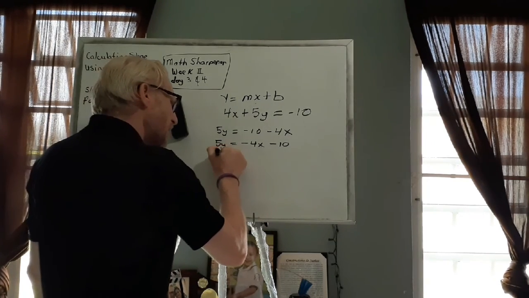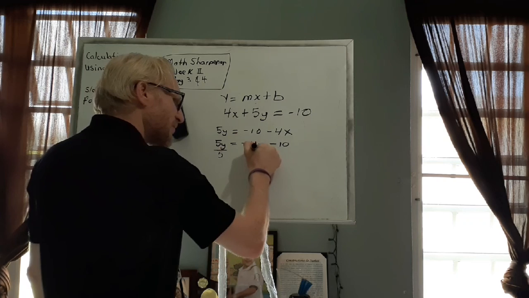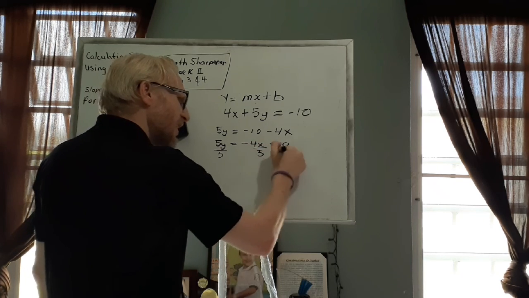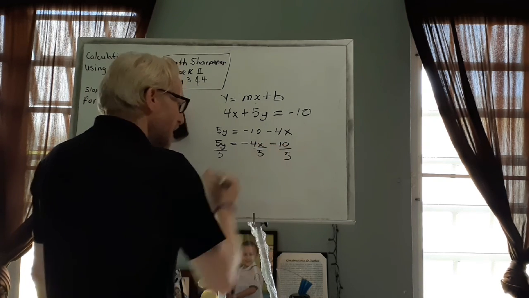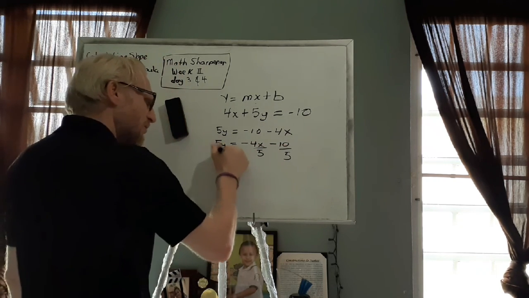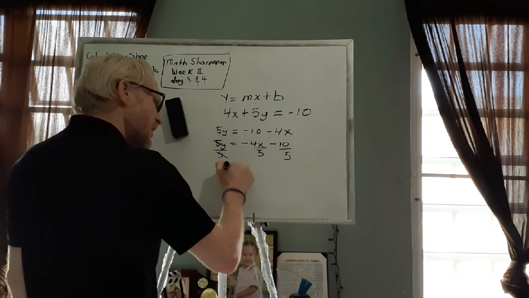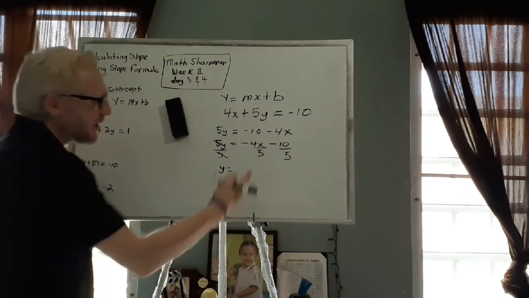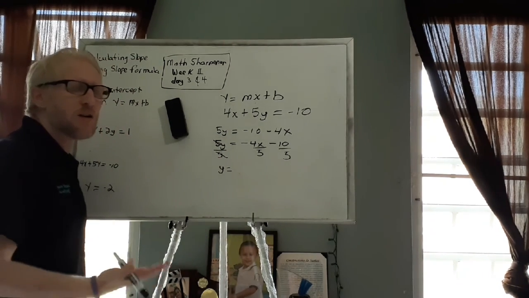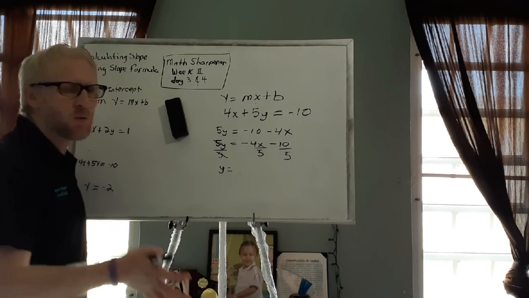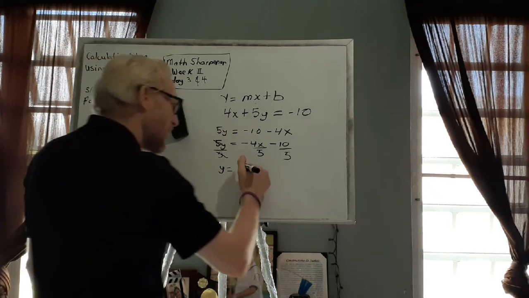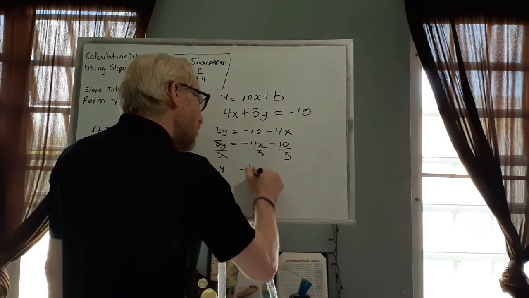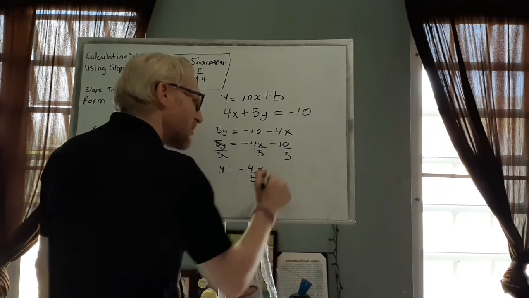So I'm actually going to go ahead and divide by 5 and divide by 5. Now this is going to cancel out and y is going to stay alone. Now negative 4 over 5, I could divide it, but I get a decimal and it really wouldn't make much of a difference, so I leave it expressed as negative 4 over 5x.